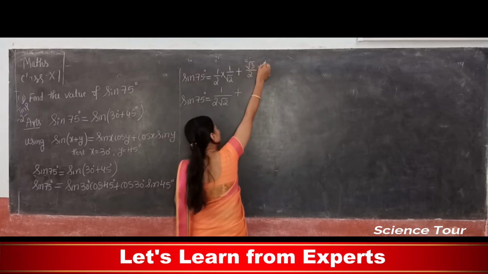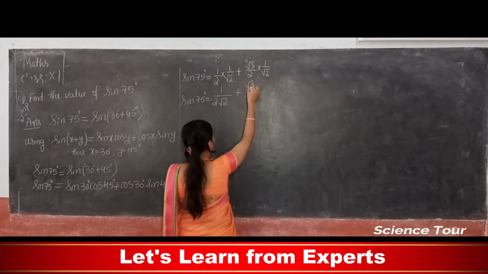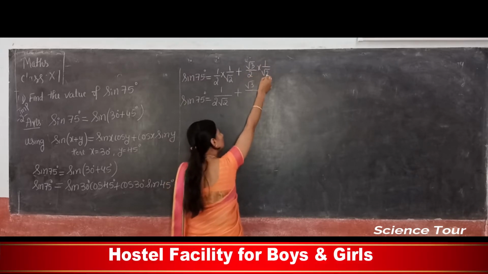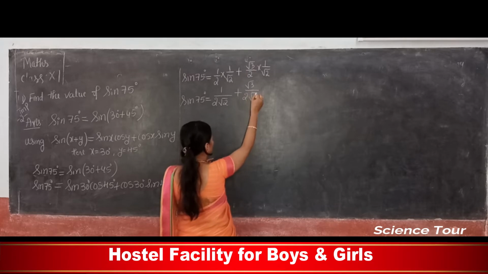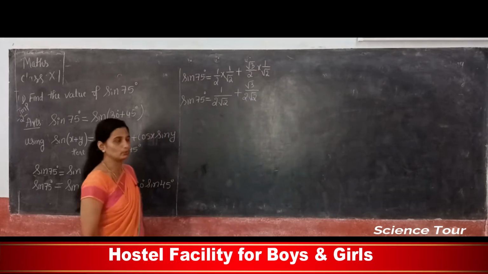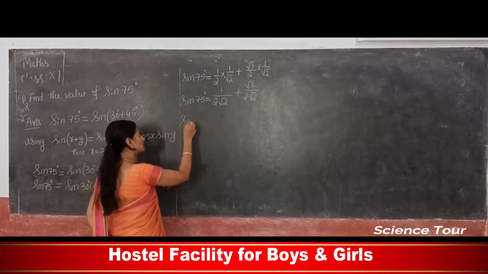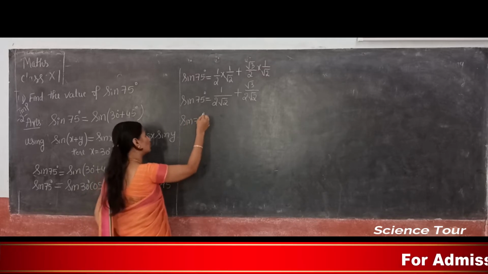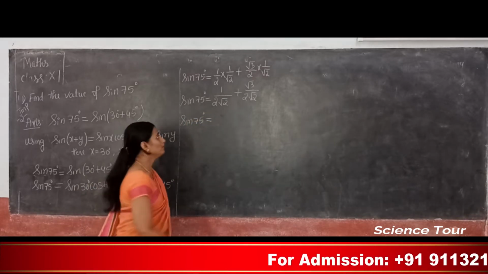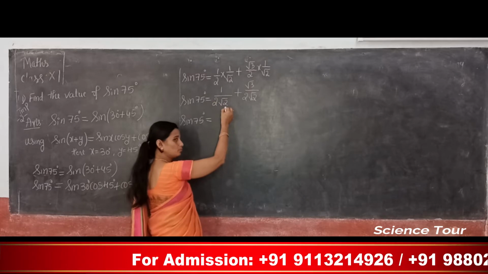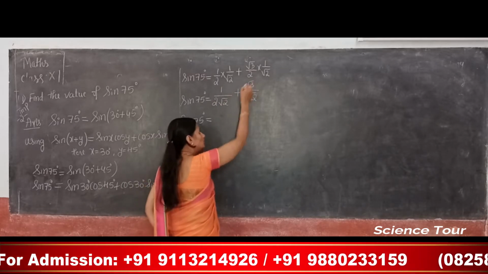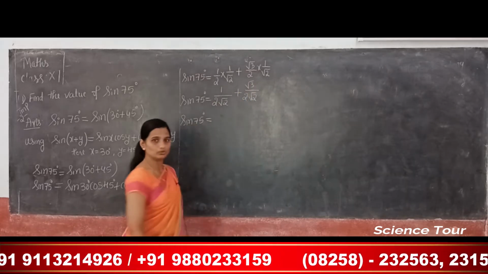So root 3 into 1 is root 3, divided by 2 into root 2, which is 2 root 2. So now sin 75 degree is equal to 1 by 2 root 2 plus root 3 divided by 2 root 2.